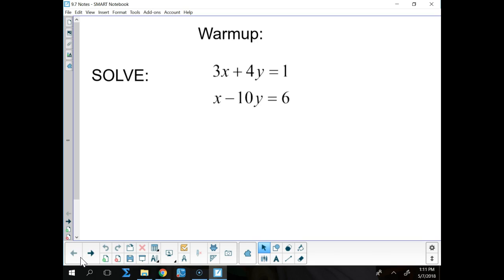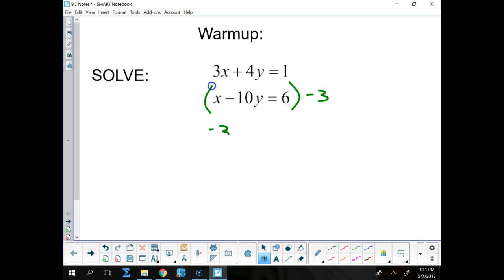Alright. Which variable do you want to eliminate? X. Okay. So if I'm going to eliminate X, what am I going to multiply and where? Bottom one by -3. So I'm going to take this entire bottom equation and I'm going to multiply it by -3.